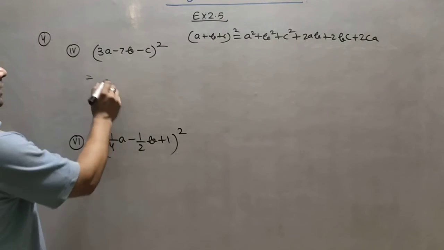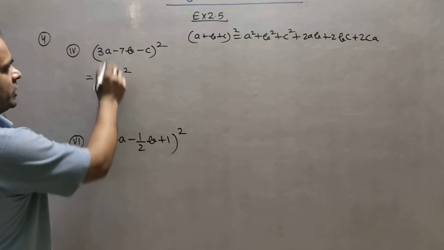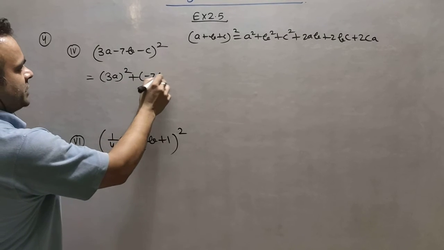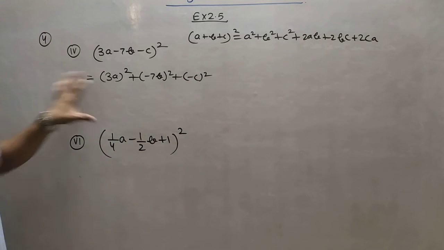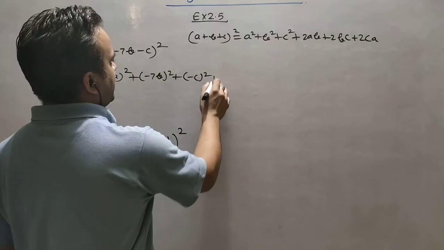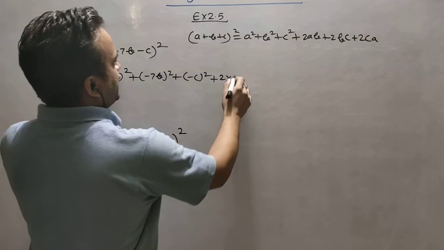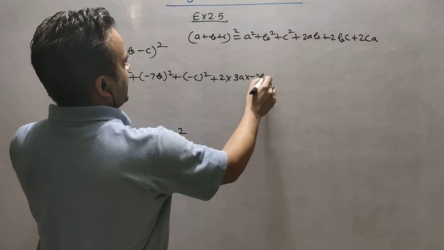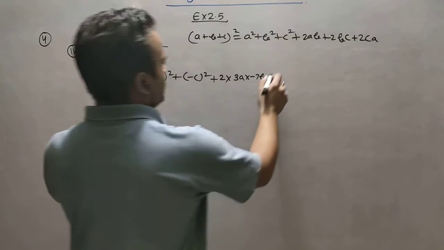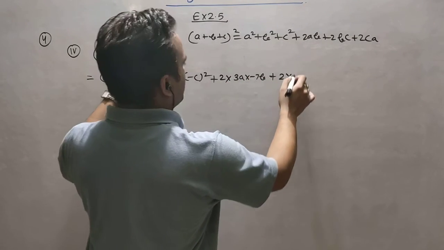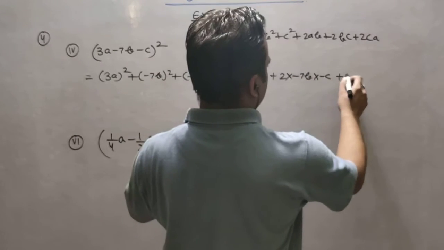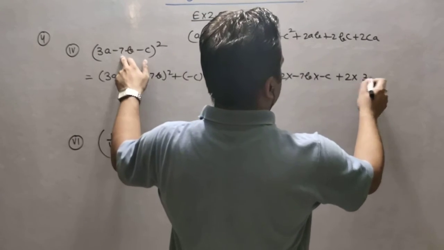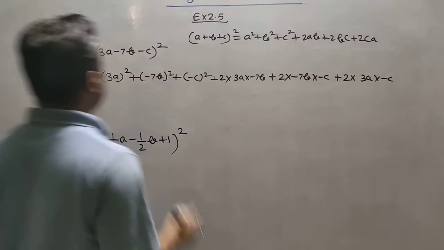So in place of a, we will put here 3a, meaning square of first one, square of second one, and square of third one. You can learn like this. And plus 2 into first and second, we will take with sign, don't forget this one. 2 into second one, minus third one, means into third one, 2 into first one into third one.